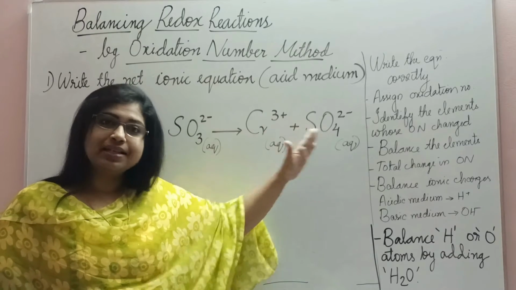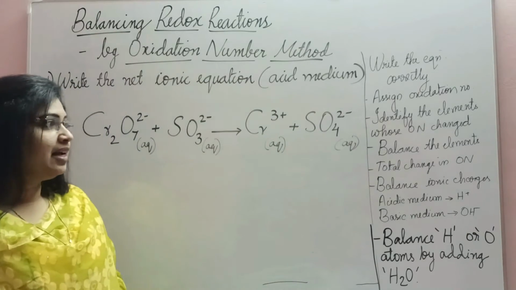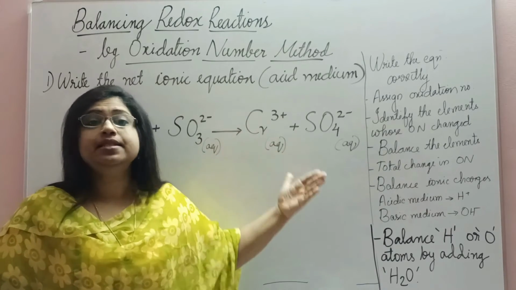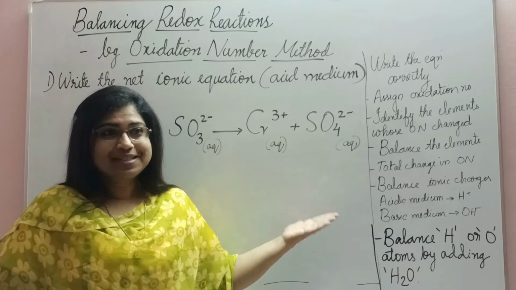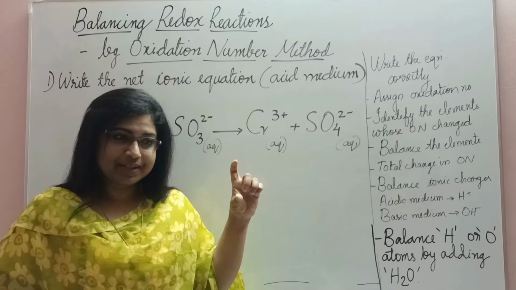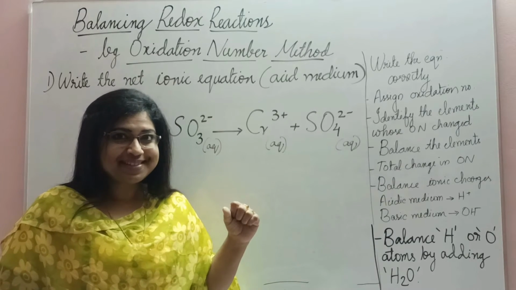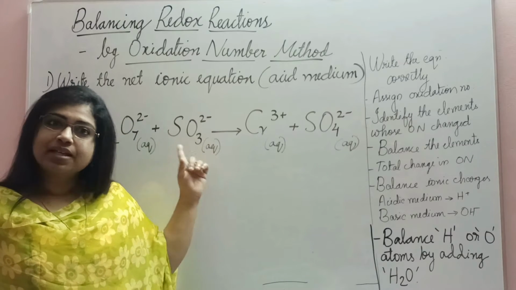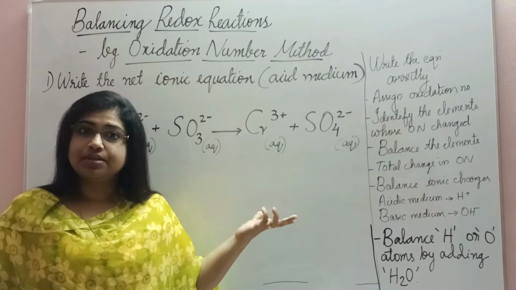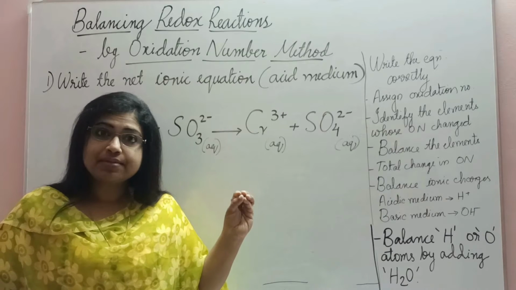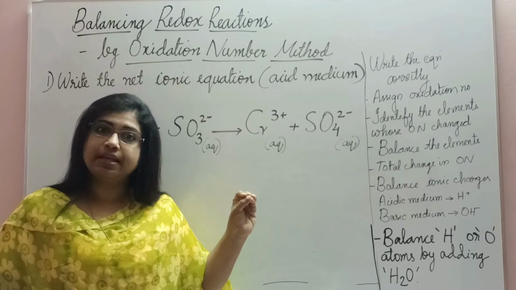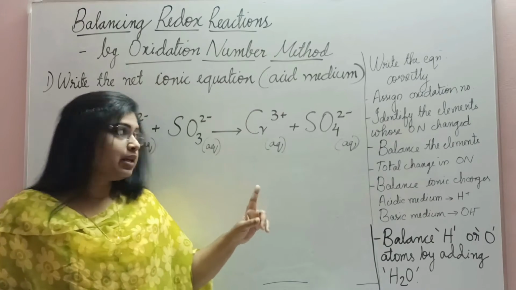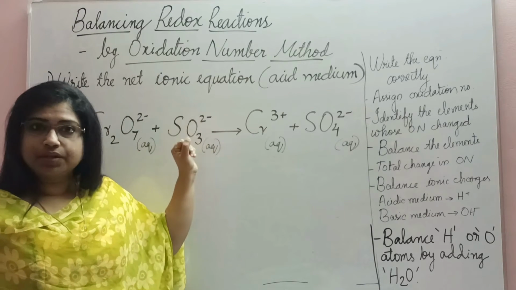So we can assign the oxidation numbers and try to identify the elements which undergo a change in their oxidation numbers. I hope everybody knows how to assign oxidation numbers. Here, all the species are ions. So we know that for ions, the algebraic sum of the oxidation numbers of all the elements in that polyatomic ion will be equal to the charge of that ion.